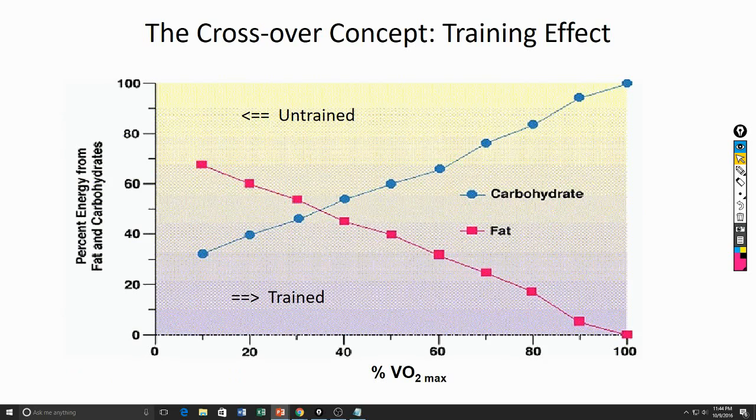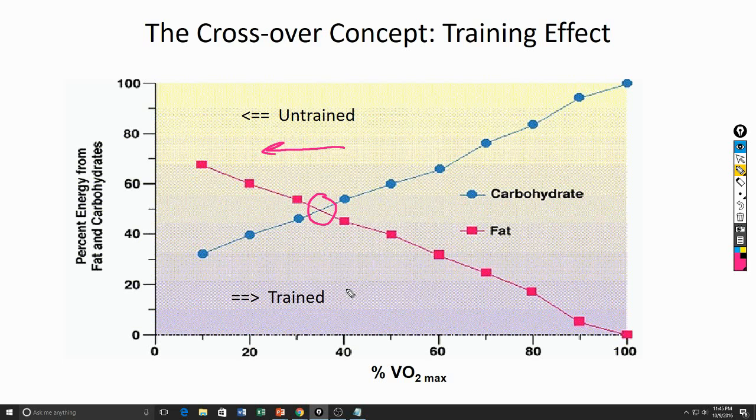Okay, so when you look at the crossover concept and we impose the idea of training effect, this is essentially what happens. Okay, the least trained you are, this crossover point will be further to the left. Okay, because once again, an untrained person is going to use carbohydrates much more readily and faster than a trained person will.